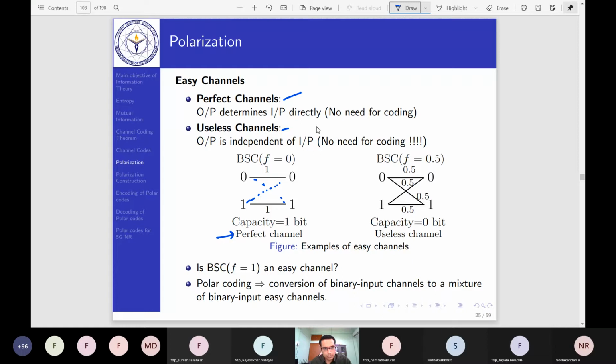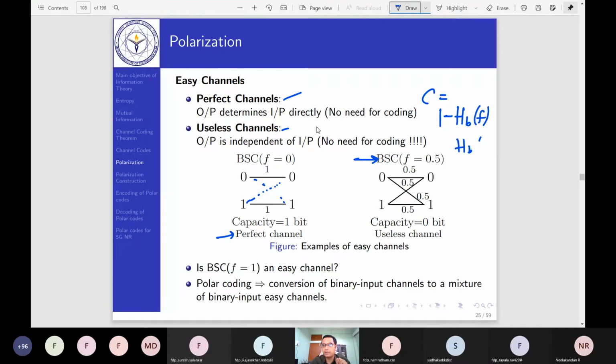Useless channels are those channels for which the output is completely independent of the input. Consider this example of a binary symmetric channel with crossover probability 0.5. For binary symmetric channels, we have already seen that capacity is given by 1 minus HB of f.